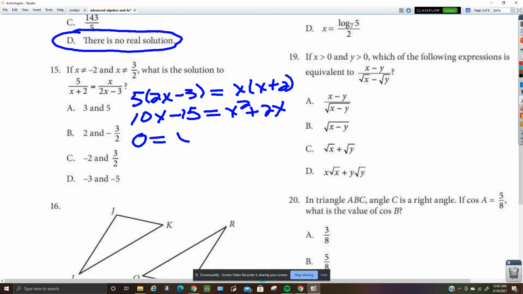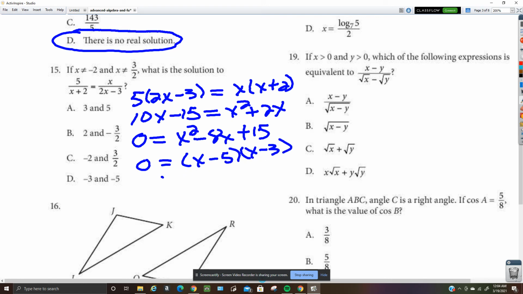So x squared, and then 10x subtracted from 2x will be negative 8x. And then add 15 to both sides. We want the factors of 15 that give you a negative 8. You get 3 or 5 or 8.